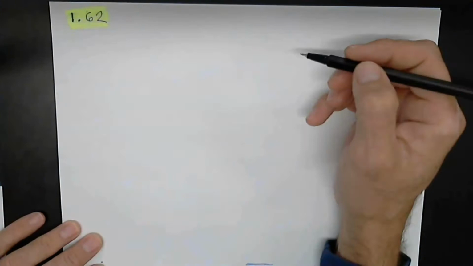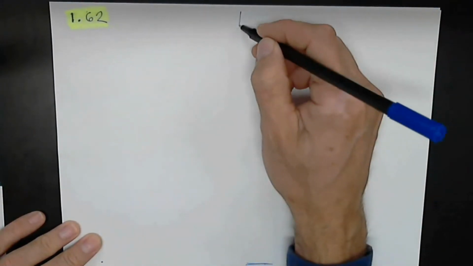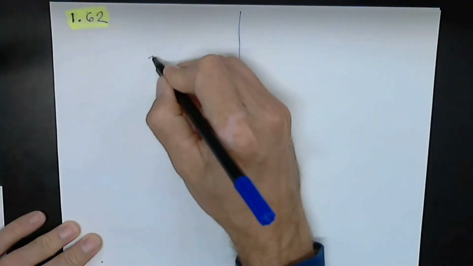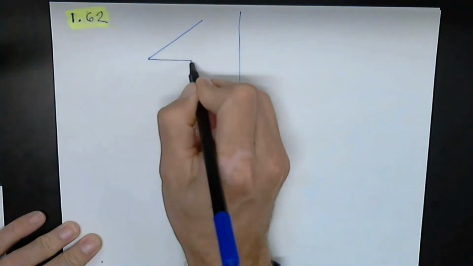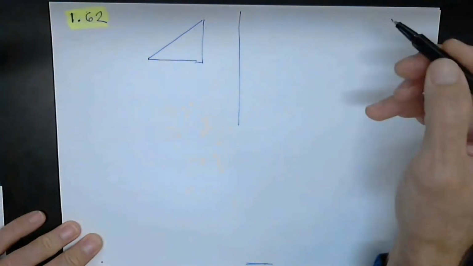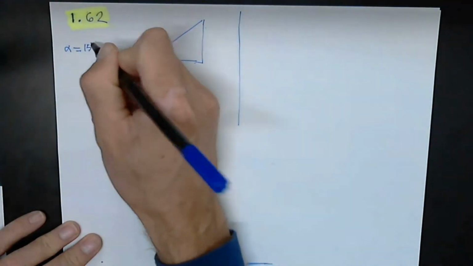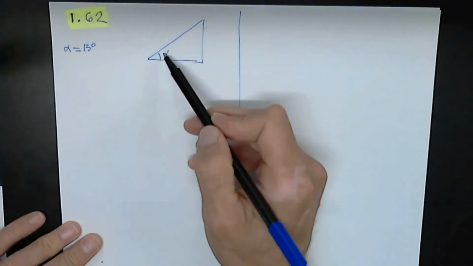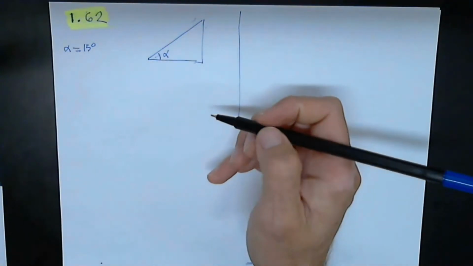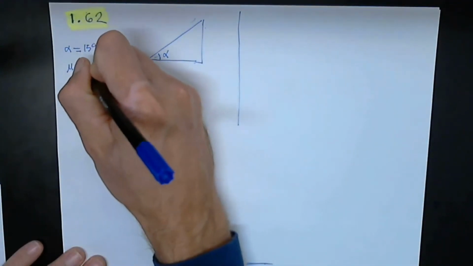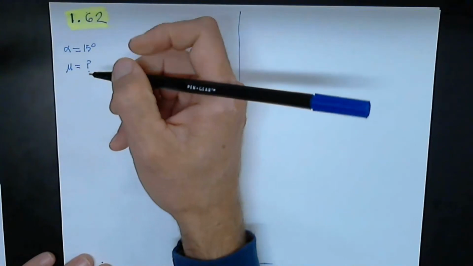Okay, as I said, we are going to divide the problem as going up and going down. So this is the inclined plane. This is alpha, 15 degrees, and I put over here 45, so that's not up to scale. You want to find the coefficient of friction.